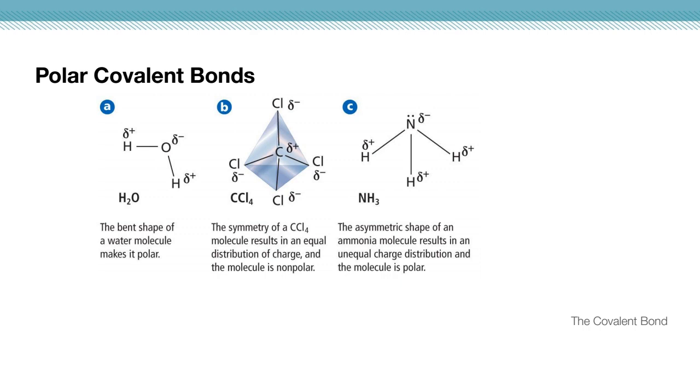We just talked about this molecule here and why, even though it's more negative around the chlorines, it balances out. And then here we have ammonia, which can be divided here into a positive and a negative side, so that is polar.